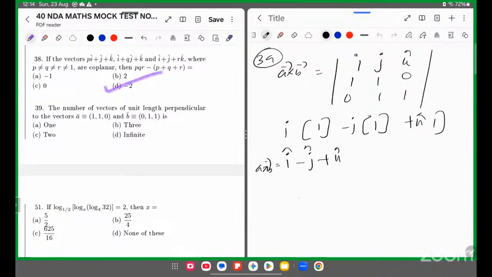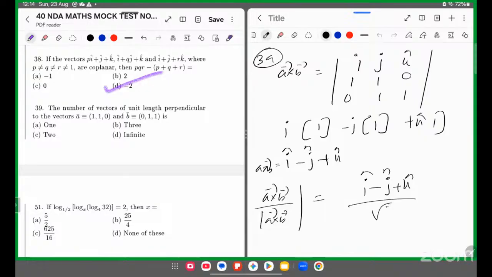If you want a unit vector perpendicular to this, we can write it as A cross B divided by modulus of A cross B. That can be written as I minus J plus K divided by the magnitude, which is 1 square plus 1 square plus 1 square, so it becomes root 3.